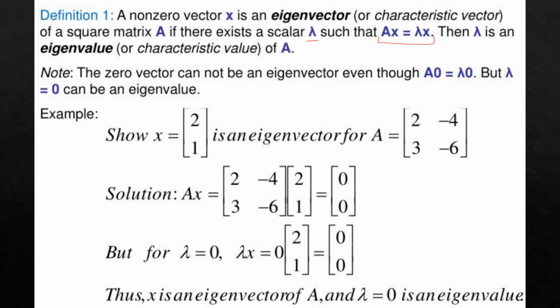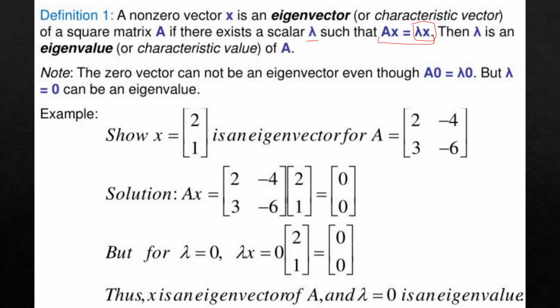Let's say I want to show that 2, 1 is the eigenvector of this particular data matrix. I need to multiply this eigenvector 2, 1 with the A matrix, and let's say my eigenvalue is 0. If my eigenvalue is 0, the right hand side of my equation, lambda of x, becomes 0, whereas the left hand side still exists.